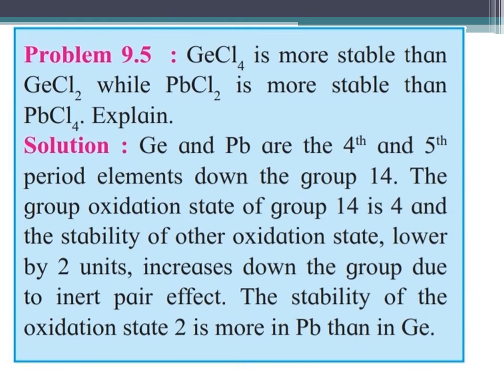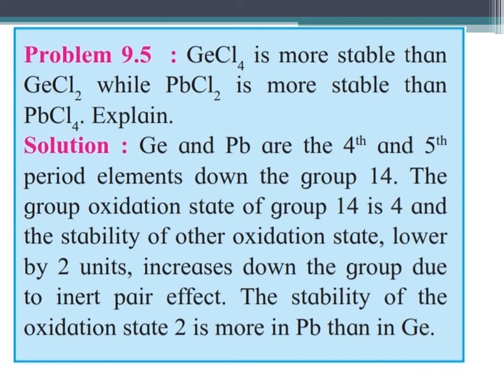My dear students, the simplest answer for this kind of question is inert pair effect. We have already studied what inert pair effect is in our previous lecture video. Now, if we talk about germanium tetrachloride, it means germanium is having +4 charge.